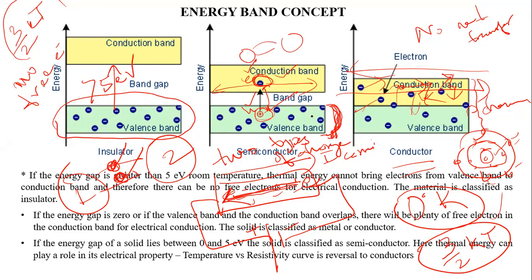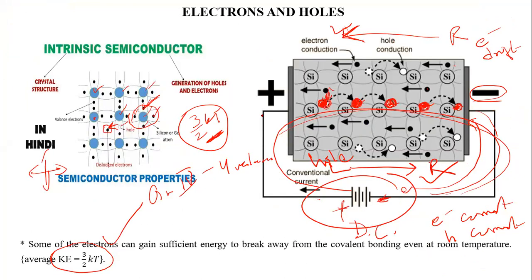As I said from the very beginning, those electrons which are in the chemical bonding are in the valence band. So all this shifting of electrons from one chemical bonding to another will occur within the valence band.